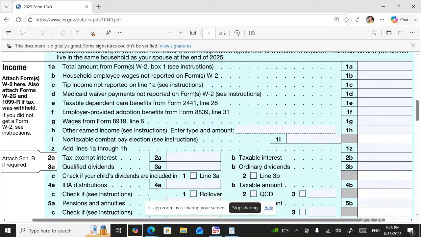Now coming to 1C, tip income not reported on line number 1A, meaning W2. Generally, employees get tip income in different fields. Let us take one example in restaurants.